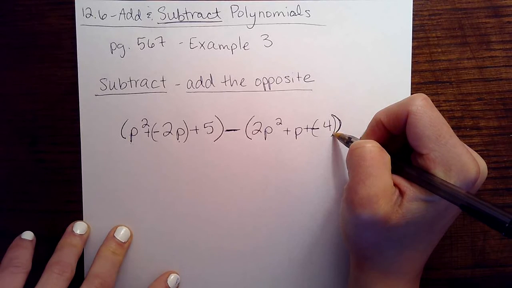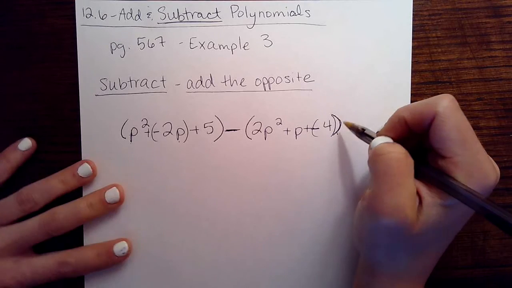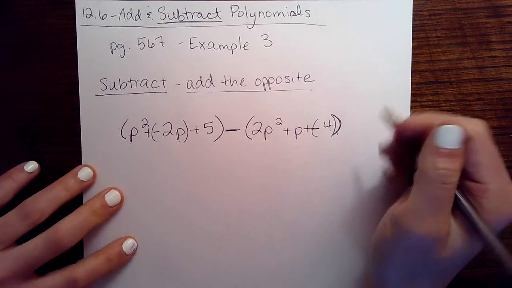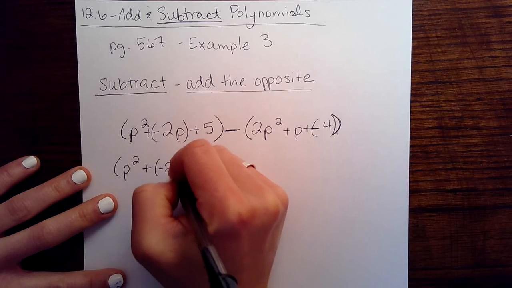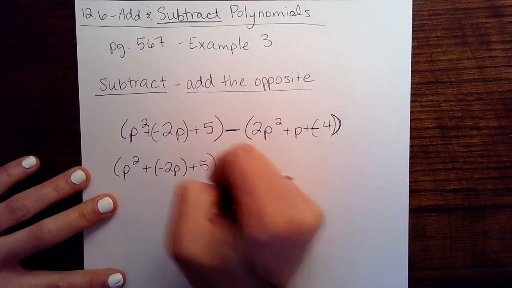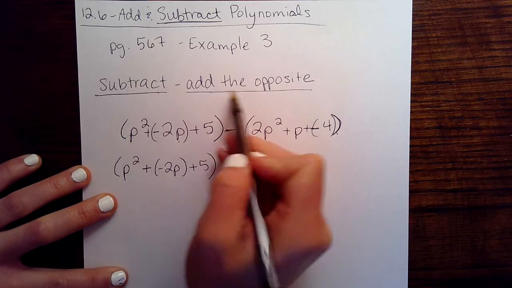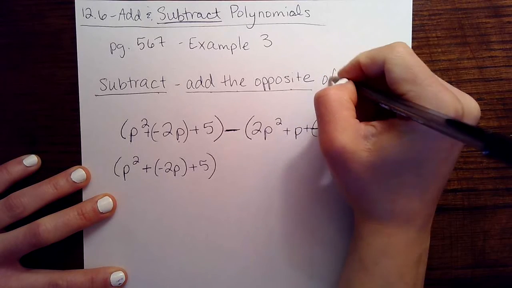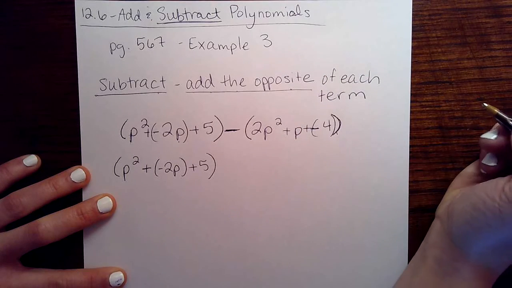I really appreciate this step in the book that you can see in example 3 here. We are going to show that the first polynomial has not changed, but the second polynomial, we can add the opposite of each term.